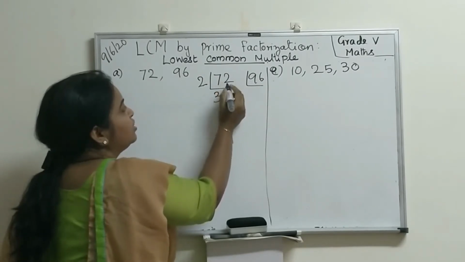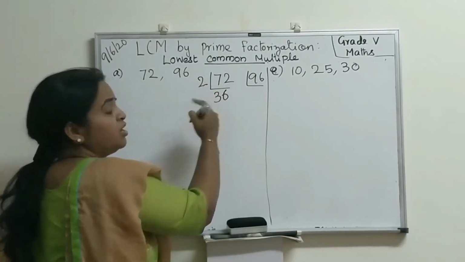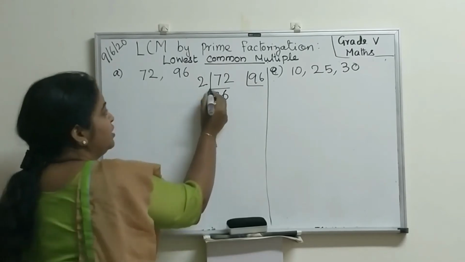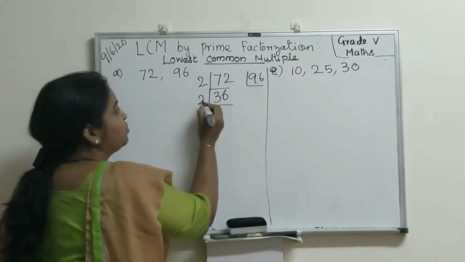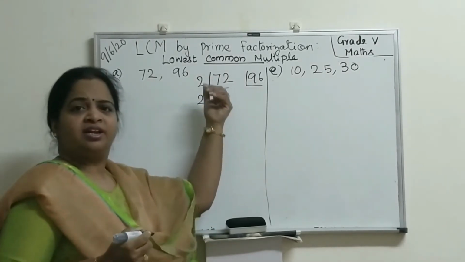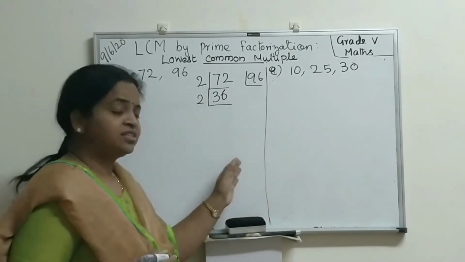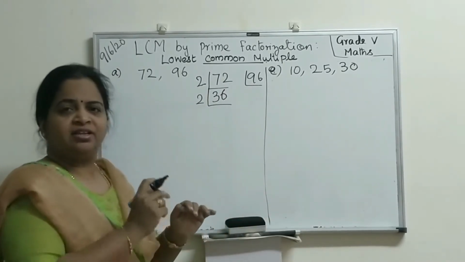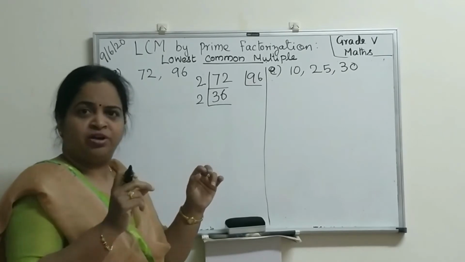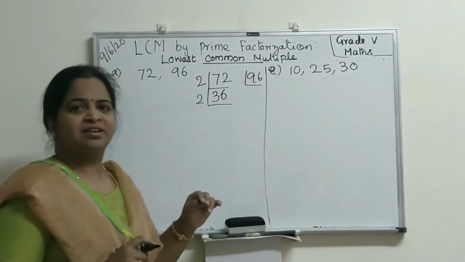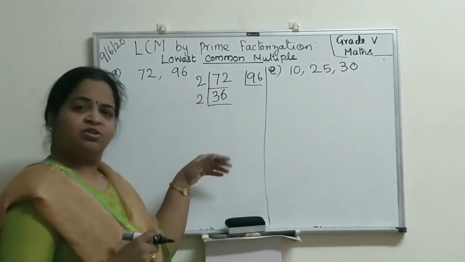It is 12. 6 2s are 12. If you cannot do it directly, on the right hand side you can do separately, 72 divided by 2 and all. But you came to 5th standard, right? You can do it directly.